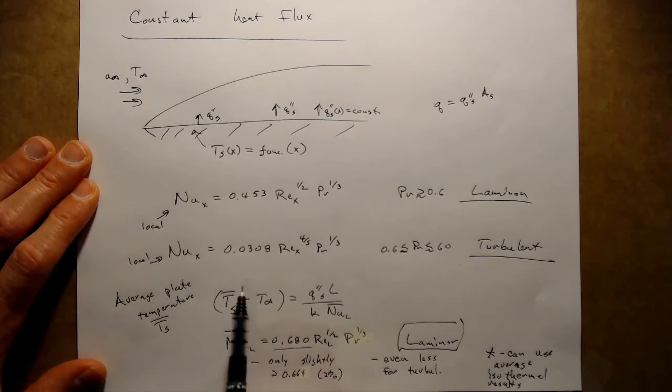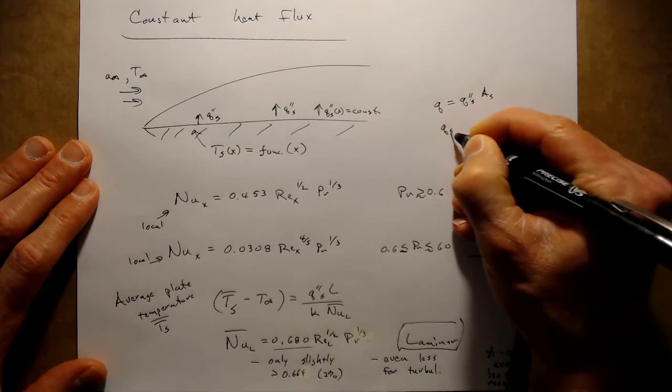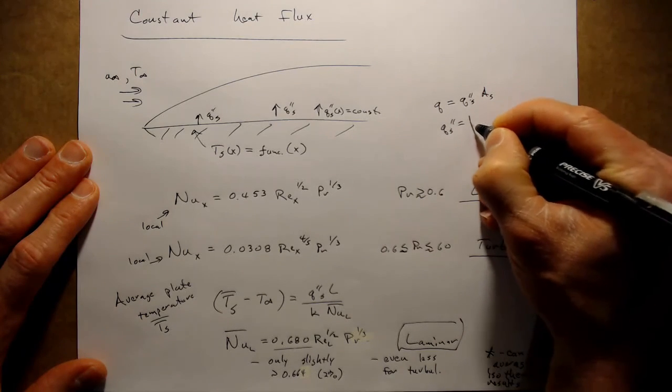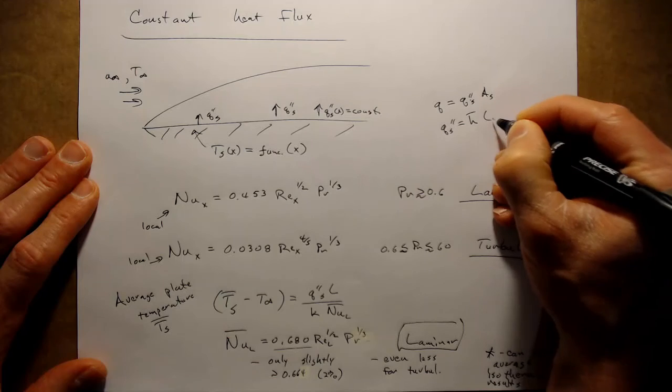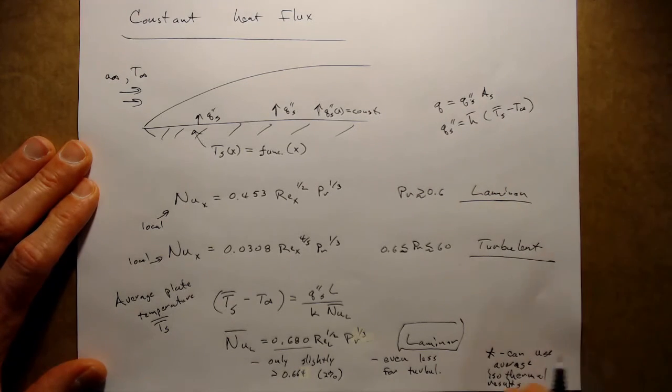In other words, we could define Newton's law of cooling as the surface heat flux being equal to some average heat transfer coefficient times an average surface temperature minus the free stream temperature. So in order to define this, we need to define an average Nusselt number.